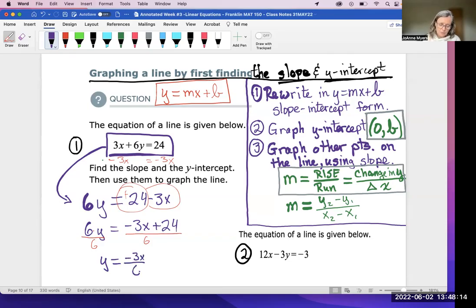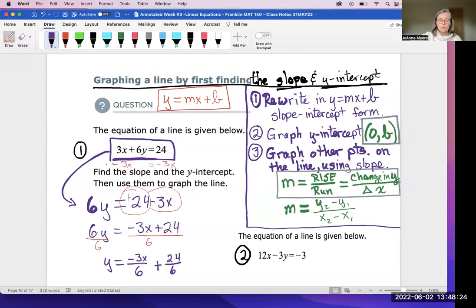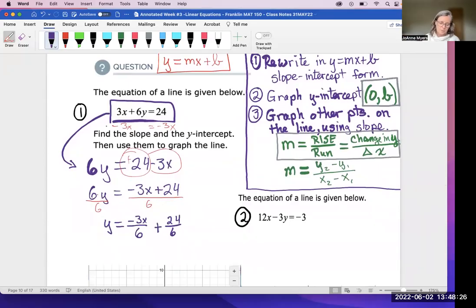So I have negative 3x divided by 6 plus 24 divided by 6. You have to distribute that division. So my slope intercept form is y equals negative 1/2 times x plus 24 divided by 6 is 4.